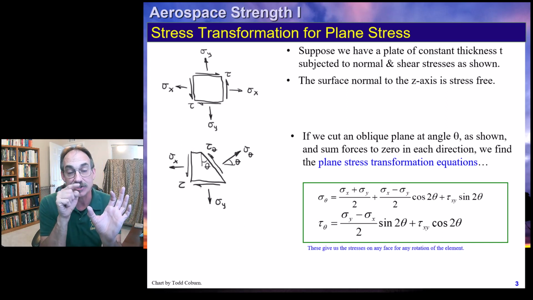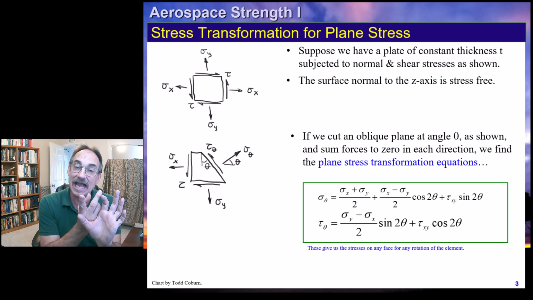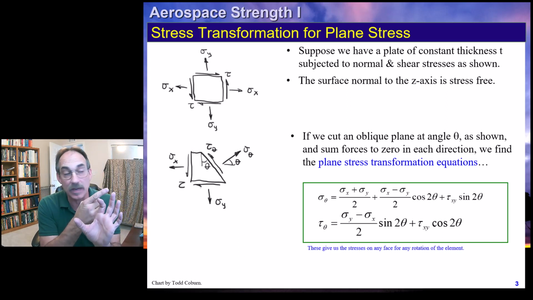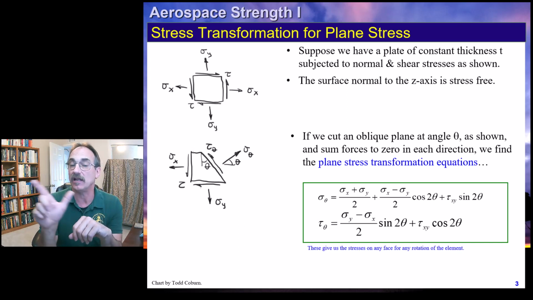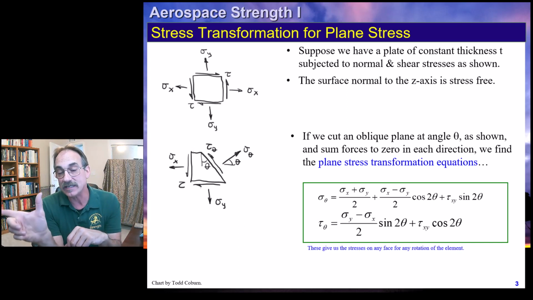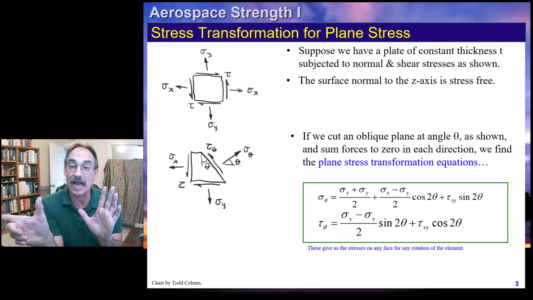Then we can apply these stress transformations, and that will tell us what the stresses are for any other rotation of the element relative to the original element that we have. In this case, our original element has positive x to the right on a horizontal axis, positive y upwards on a vertical axis.